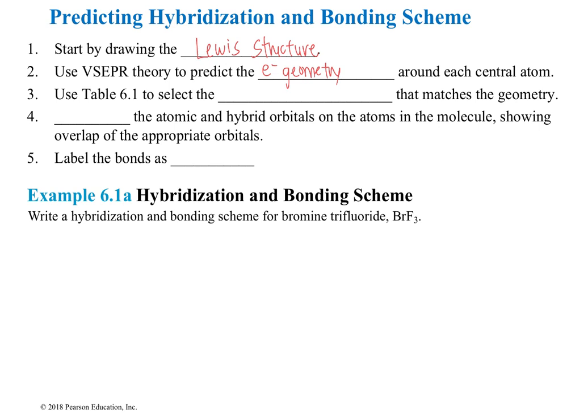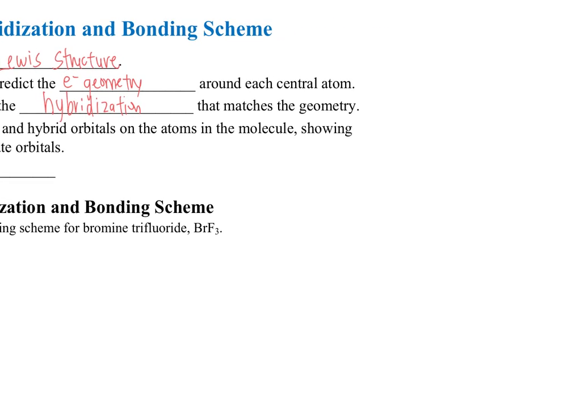Then it says use table 6.1 to select the hybridization of that central atom, but that's not that helpful. Basically, you just need to know: 2 domains equals sp, 3 domains equals sp2, 4 domains equals sp3, 5 domains equals sp3d.